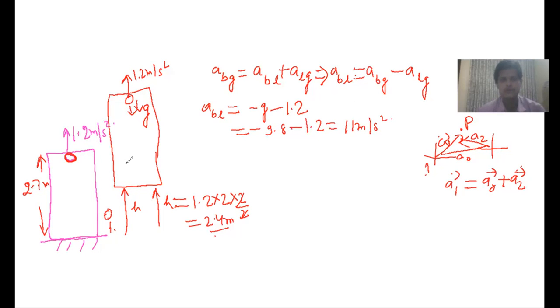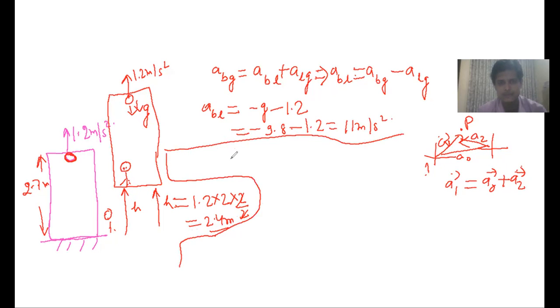Okay. So if I come into the reference frame of this lift and measure everything, I can see that this situation simplifies very easily. It needs to travel only 2.7 meters.